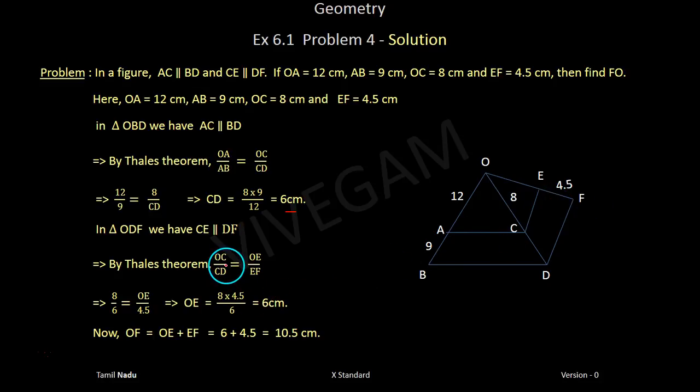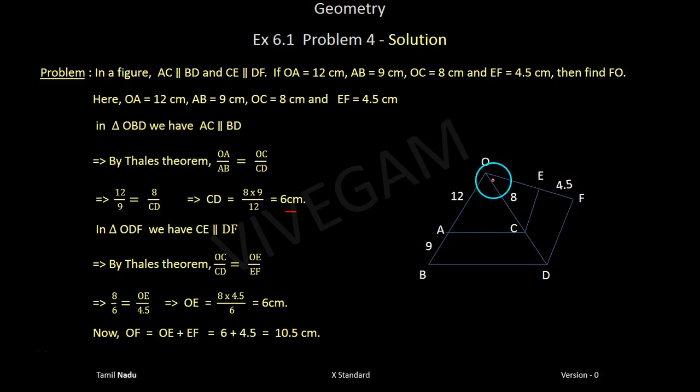OC is given as 8, CD we calculated as 6 centimeter, OE is not known, and EF is given 4.5 centimeter. So OE will be equal to OC divided by CD into EF, that is 8 into 4.5 divided by 6, which on simplification will give you 6 centimeters.